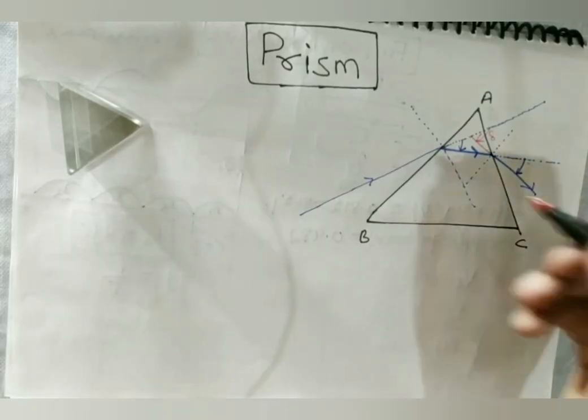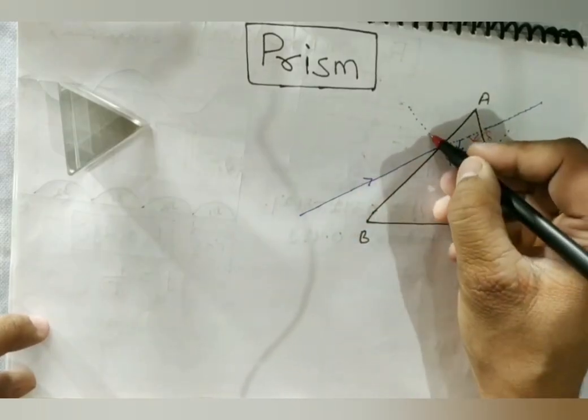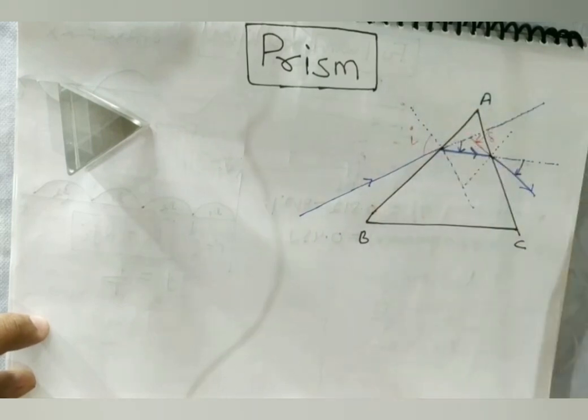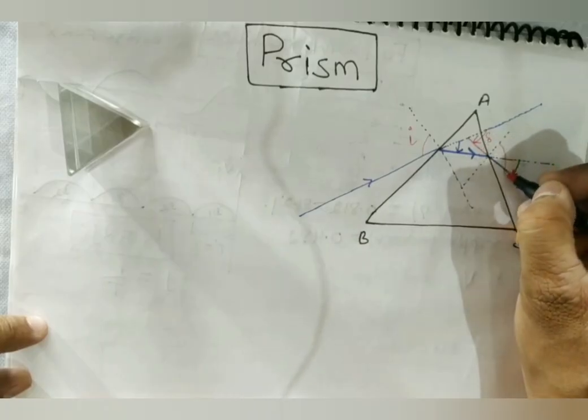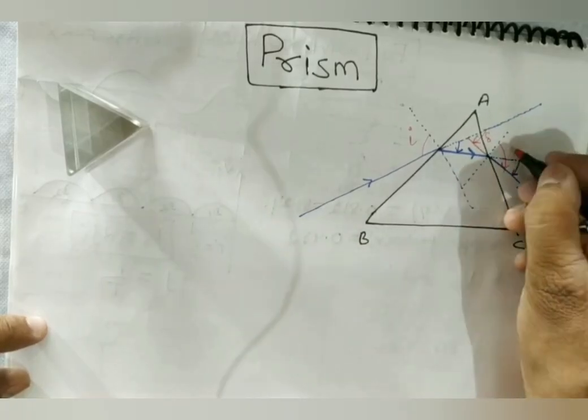This is the normal and this is the incident ray, so this angle we say is the incident angle. And this angle is called the emergent angle.